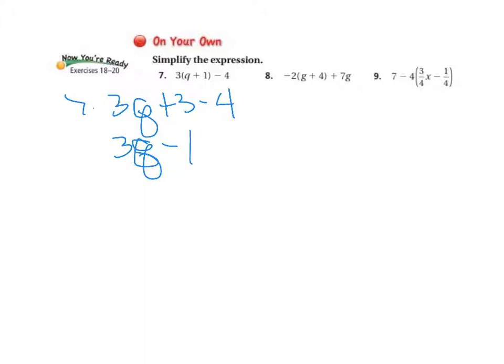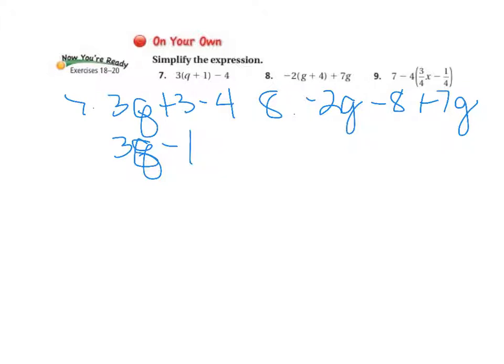So it's 3q minus 1. Number 8, negative 2 times g equals negative 2g. And then negative 2 times 4 equals negative 8. And then we have our plus 7g on the end.